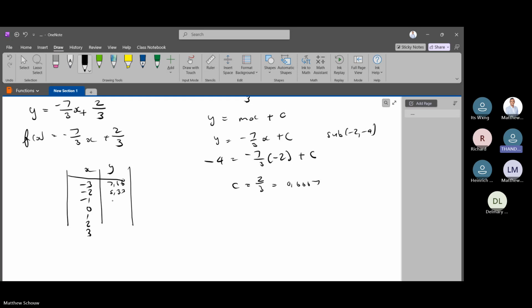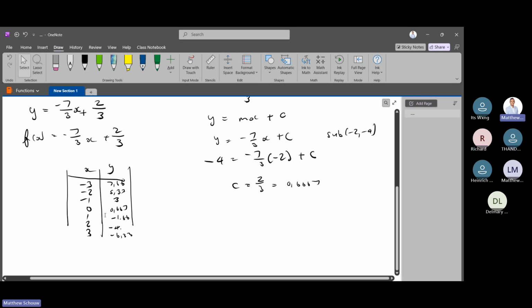Continue. And then it's 3. And then for 0 it's 0.66. That's correct. If you input 0 here, we should get that. And then it's negative 1.66. And then it's negative 4. And then it's negative 6.33. Okay. All right.